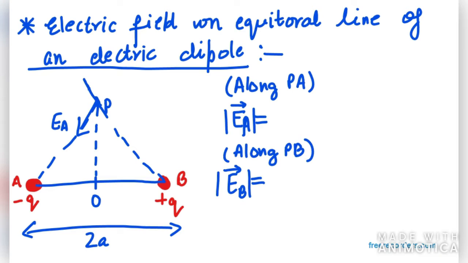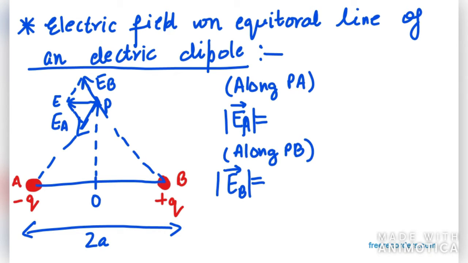So the direction of EB is in this direction. And next we need to find the magnitude of E, that is the total field. So it will be in this direction, and here we can apply the triangle law, so joining E, EA and EB.